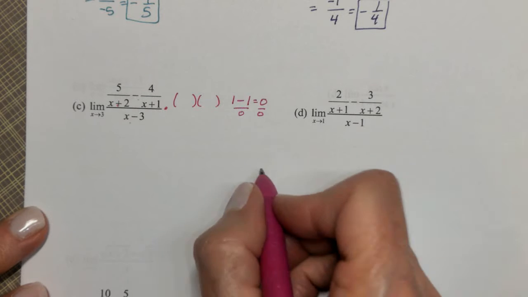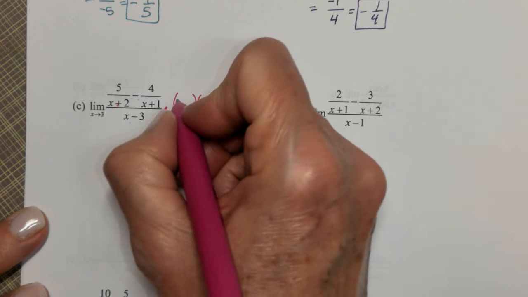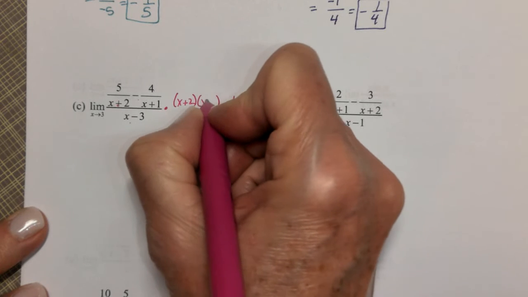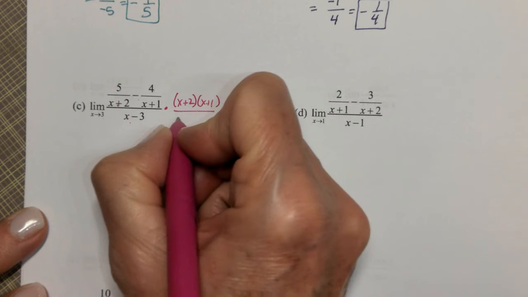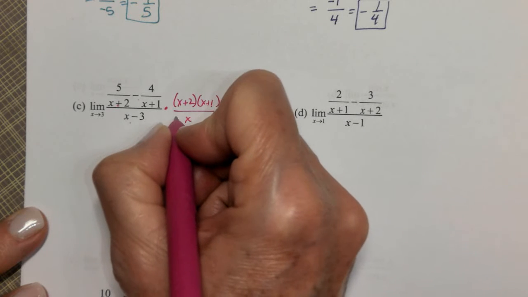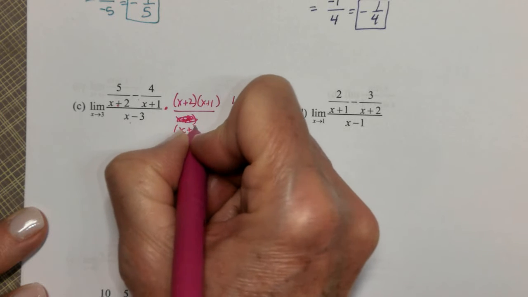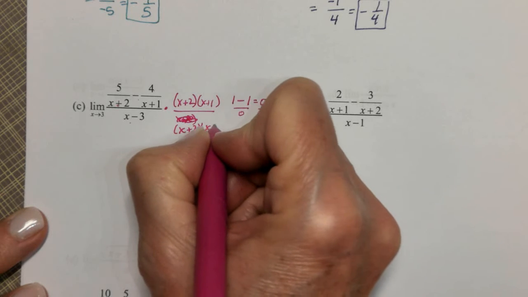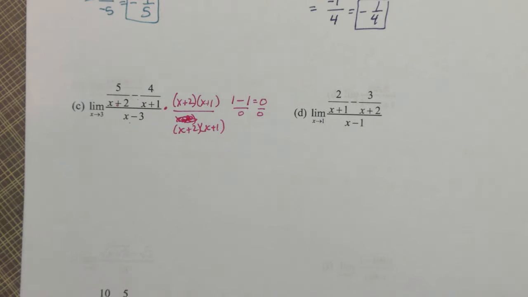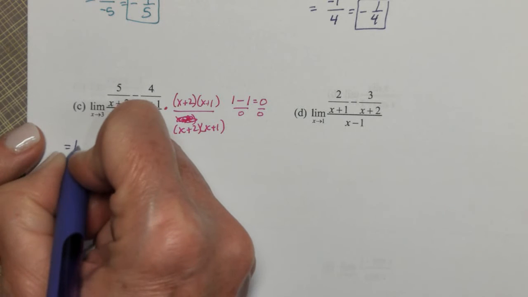Well, whatever's making the fraction complex. So x plus 2 and x plus 1. Like that? All right. I'm going to rewrite my limit here.